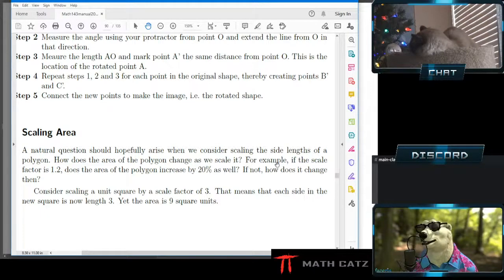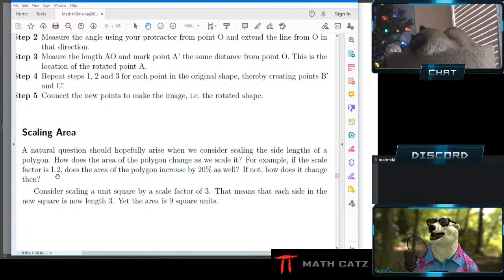So for example, if my scale factor is 1.2, that means I'm increasing the side lengths of the polygon by 20%, or a factor of 0.2, giving me a scale factor of 1.2.